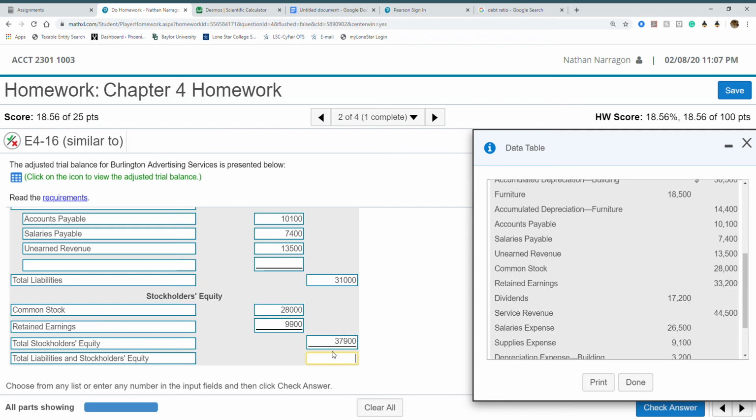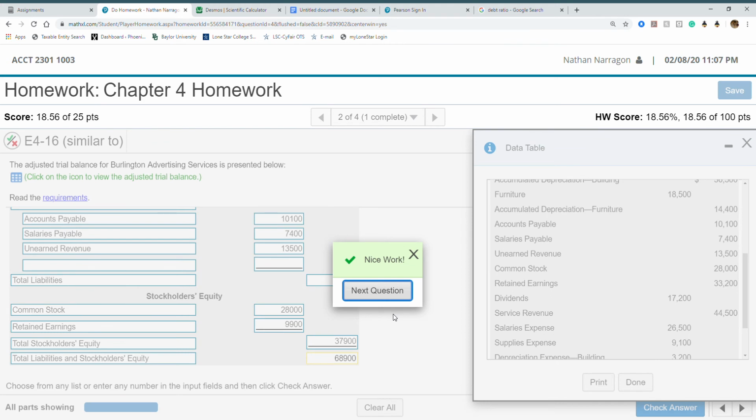If we add those together, they indeed make 68,900. Check. We are good. That's it for question number 2. It's just really taking the information from the adjusted and throwing it on the financial statements.